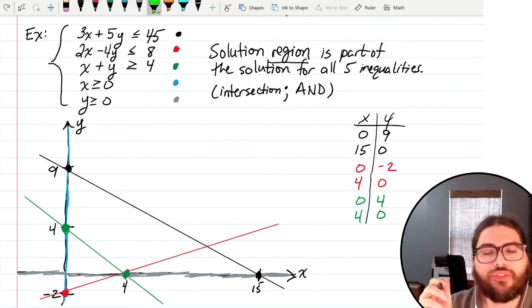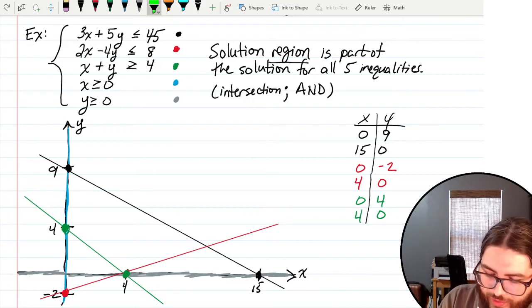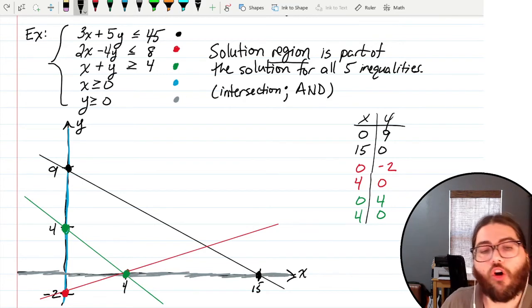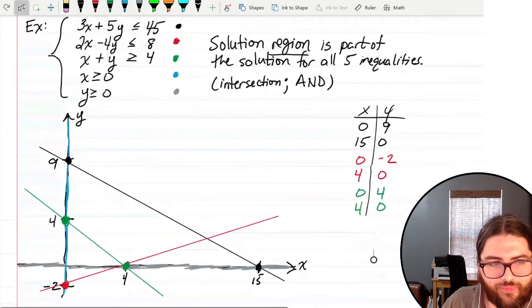To make this work, because this shading is going to get really tricky really quickly, here's what I'm going to do. I'm going to recognize that all of my lines have broken my graph into sections.